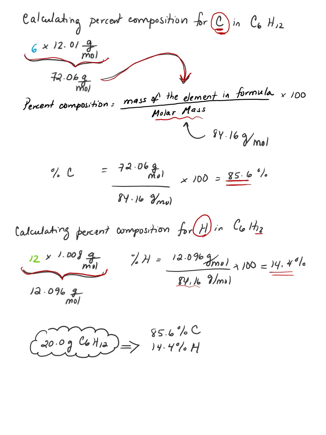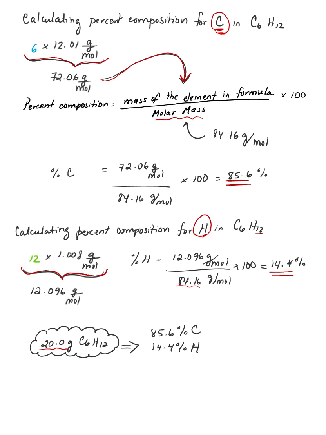If you have any amount of cyclohexane, I'm writing down here 20 grams. Okay? If you have 20 grams of cyclohexane, in your 20 grams, 85.6% corresponds to carbon and 14.4% corresponds to hydrogen.